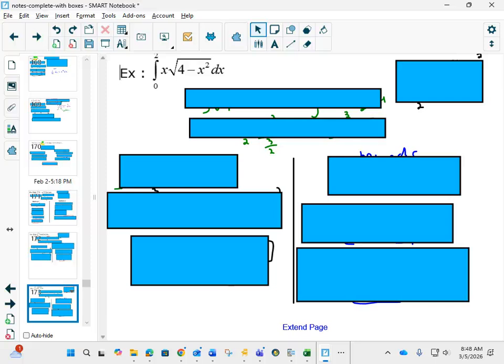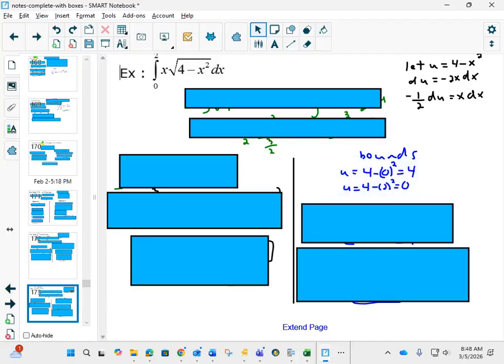All right, do I see an inside function? Yes, that 4 minus x squared. Is it one where I should use substitution? Absolutely. So here I would do this as my first step. Figure out what my u's are, and this right away with my bounds.